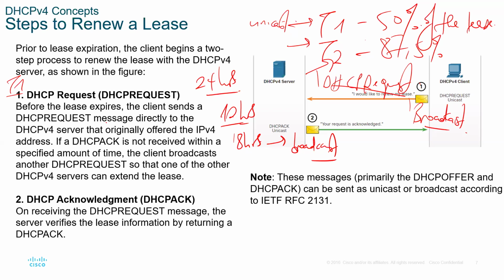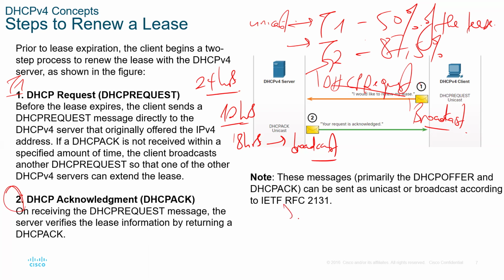If the server accepts the renewal, then it sends an acknowledgement acknowledging that it is renewing the lease, and it also sends the information for the renewal of the lease. I think it's also important to note part of the information that is sent even on the offer.